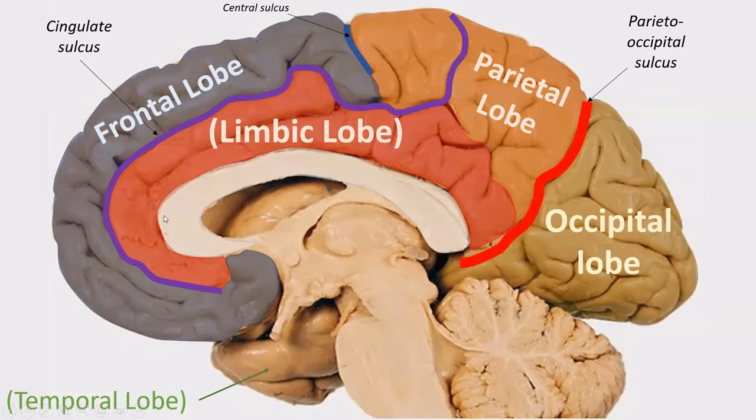The only thing I'm going to add to this image here is this. I've encircled part of the frontal lobe and part of the parietal lobe situated along the very small central sulcus in the medial plane. Why is that?